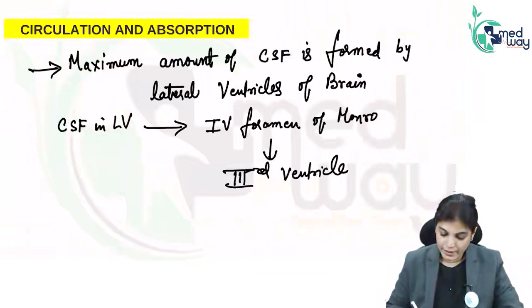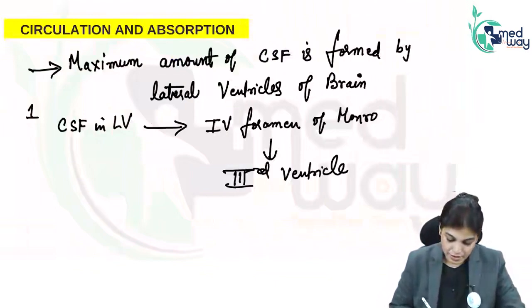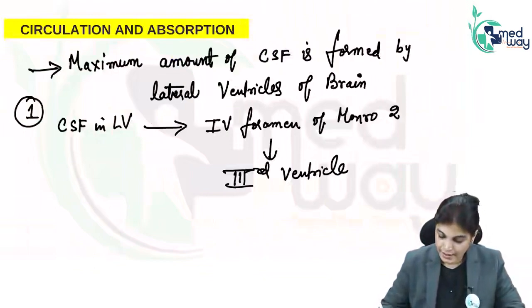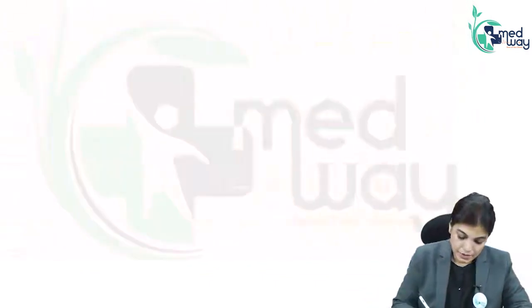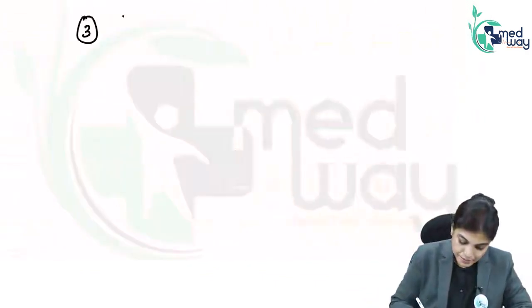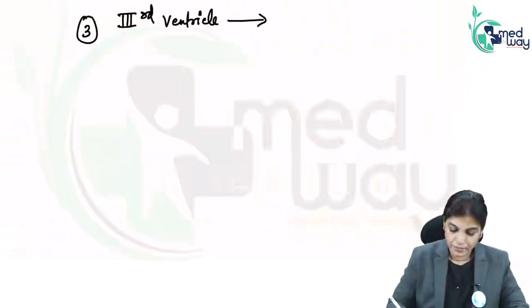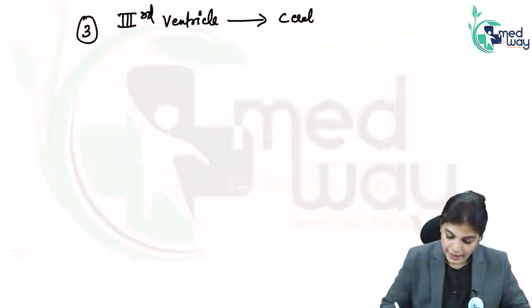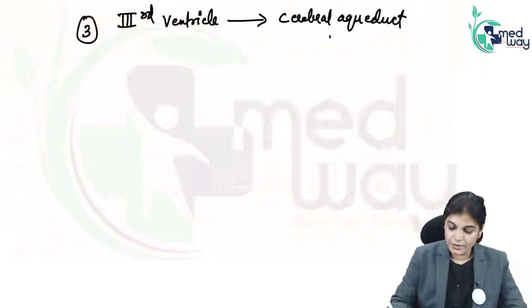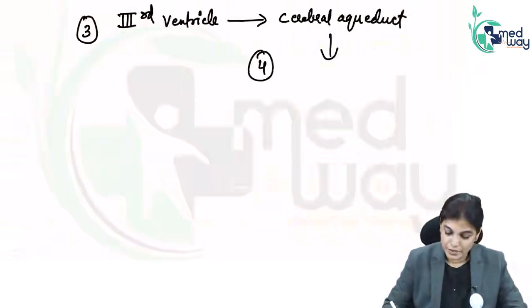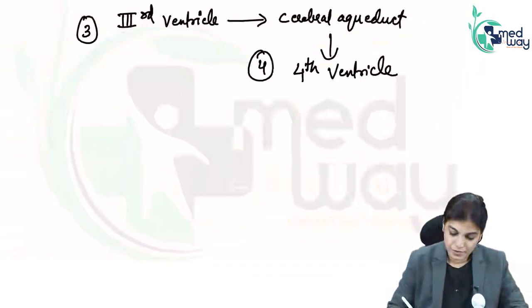And from the third ventricle, here you can just write the steps. This is first, this is second, this is third. So I will just use the next page. From the third ventricle, it will go via the cerebral aqueduct to its fourth location, that is the fourth ventricle.